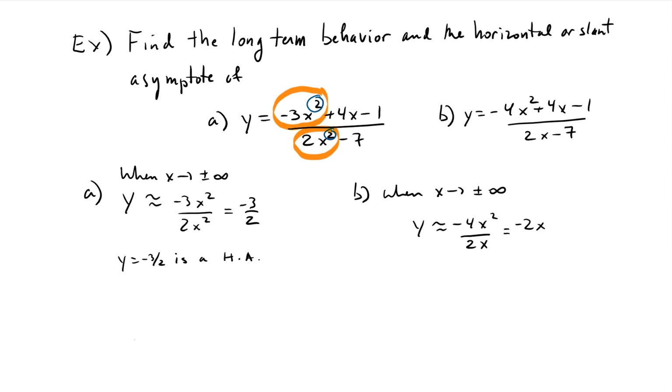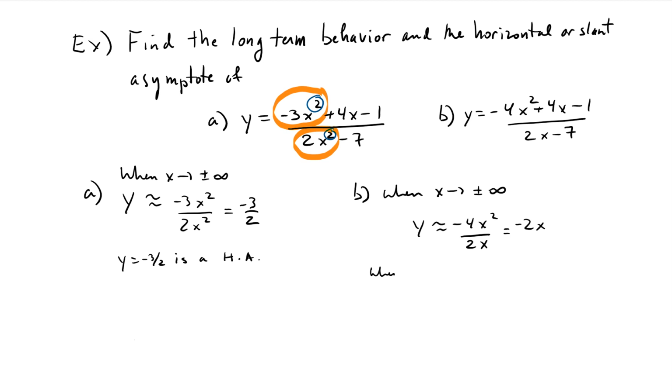I cannot recover the asymptote entirely. So when the answer is not a constant, you have to do your long division in order to find if there's a slant asymptote. So here y equals minus 2x is not, we'll see, the slant asymptote for that function. But from this we can recover if y goes to plus or minus infinity as x goes to plus or minus infinity.